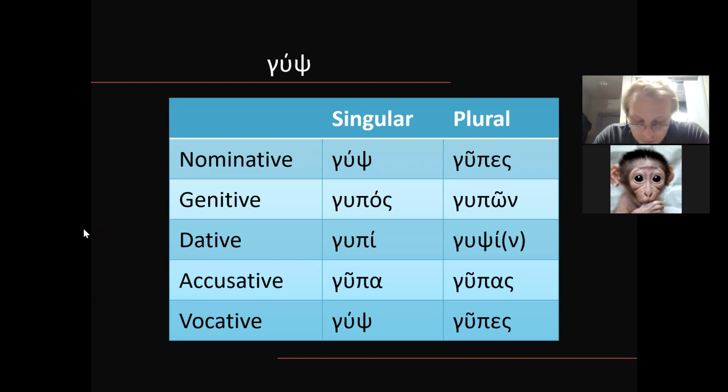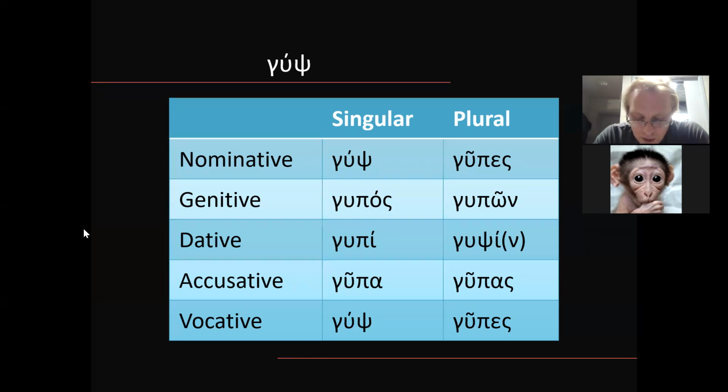But if you go through the full paradigm, we have here in the singular, gyps in the nominative, gypos in the genitive, gypi in the dative, gypa in the accusative, and gyps in the vocative.